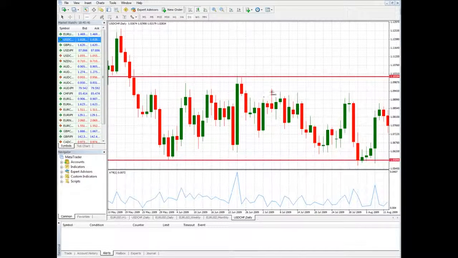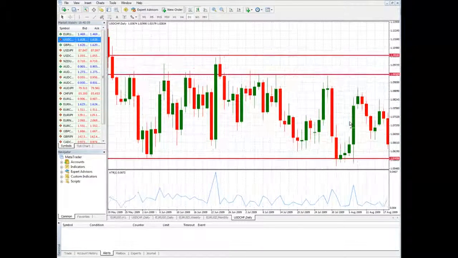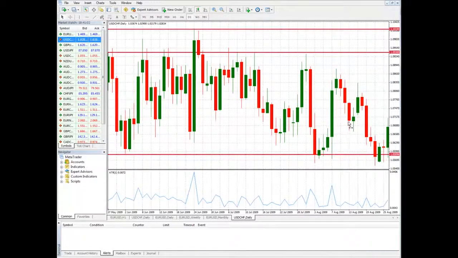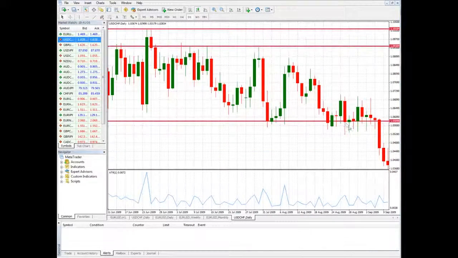and as we come down further, other levels come into play. Okay, you can see this level here moves up, bounces off that level, comes back, bounces off that same level that we previously identified. Let's see what happens as we move on. Okay, bounces off the level, goes up, doesn't quite make it, comes back down.